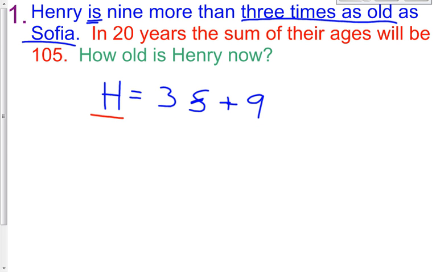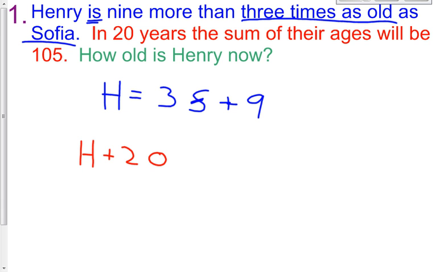Second equation, in red. In 20 years, the sum of their ages will be 105. So in 20 years, if Henry is this old right now, he's H. In 20 years, he's going to be 20 years older. This is Henry's age now. In 20 years, which is Henry plus 20.